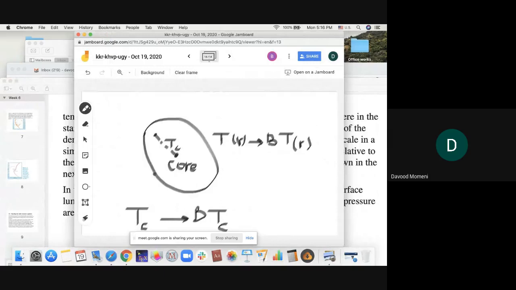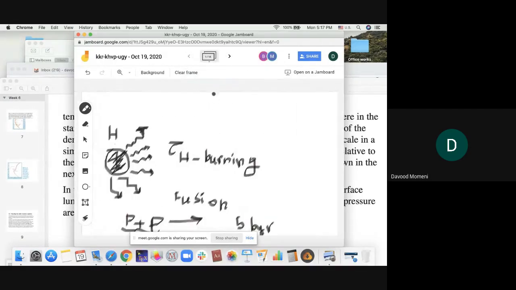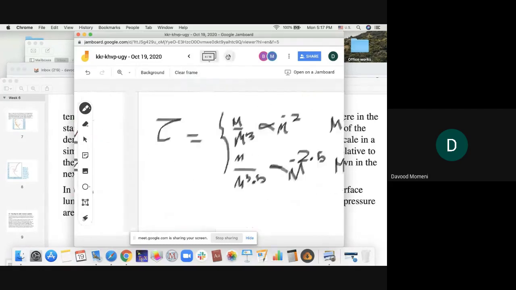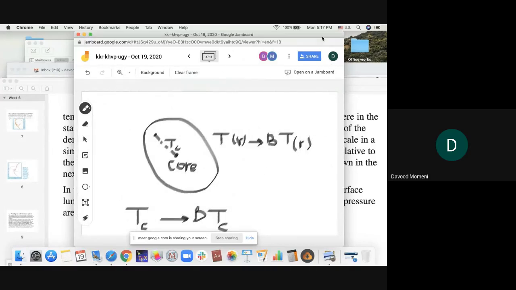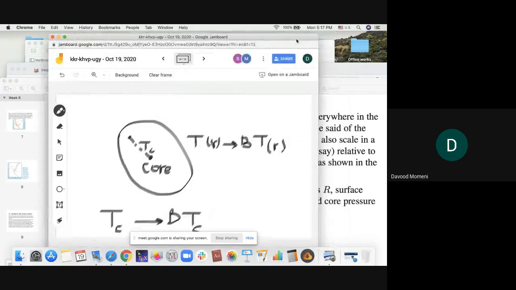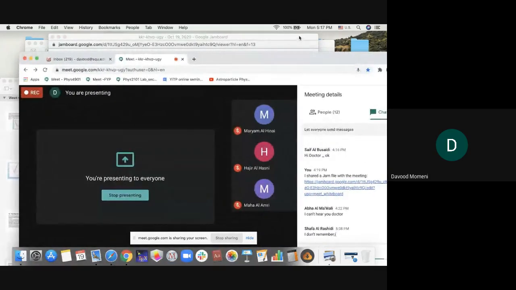This homology principle is very important physically. It gives you some idea about the scaling difference, not only at the surface or center of the star, but also at any other internal point.